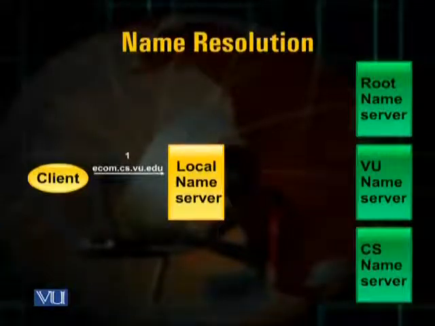This local name server would be provided by a local ISP whose client you are, who has given you the account. And then the local name server has got fed into it the IP addresses of all the root name servers or domain name servers.